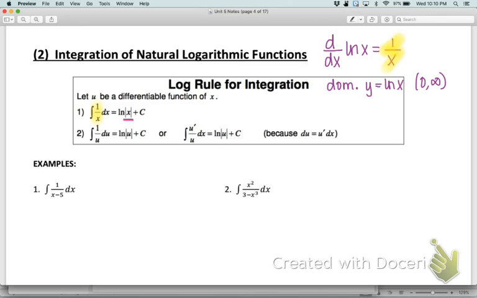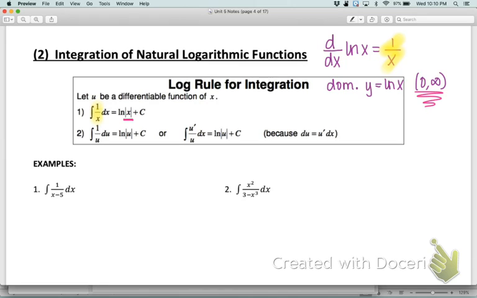And we must have the absolute value, again, because of this domain restriction on natural log. If we have 1 over negative 2, that's not going to work when we turn it back to a log. So that is why we have to place that restriction on x.